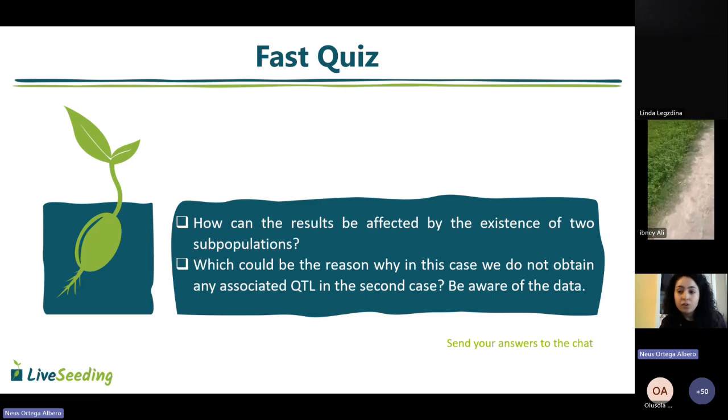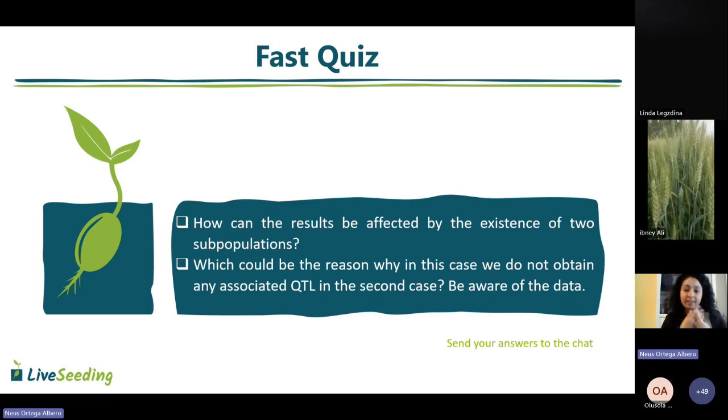So, going to the questions: how can the results be affected by the existence of two subpopulations? As some of you commented, we suppose that in the population of study, we only have one population that represents all the possible phenotypes, more or less equally, and also all the combinations of genes and alleles of these genes that will lead to the phenotype.